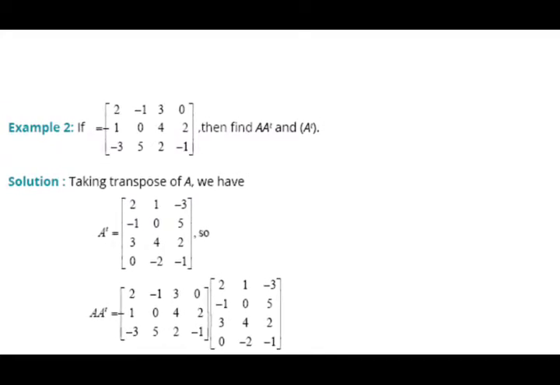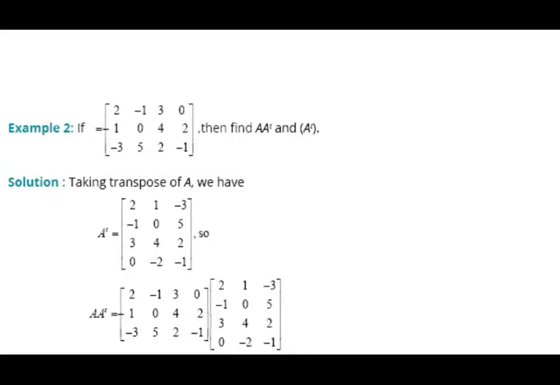Next, another example. If A is a matrix of order 3 cross 4, 3 rows and 4 columns, we have to find A multiplied by A transpose and then A transpose whole transpose. First of all, we take its transpose. In transpose, we change rows into columns.